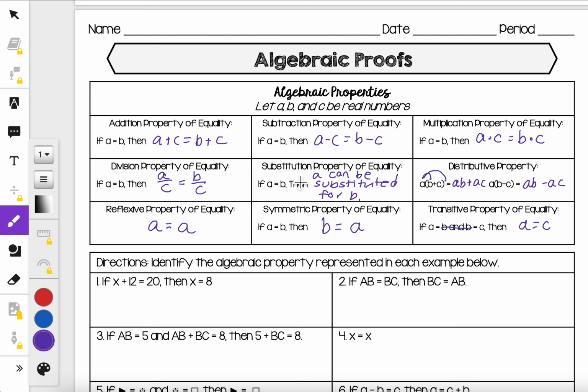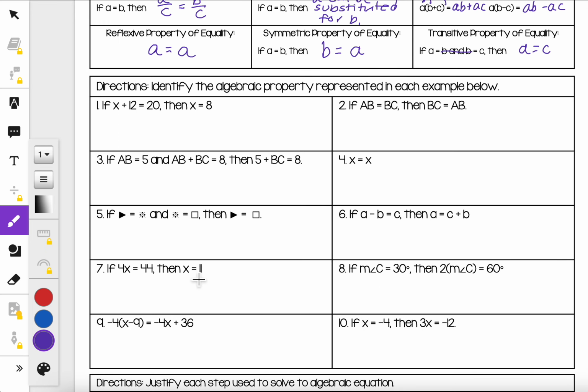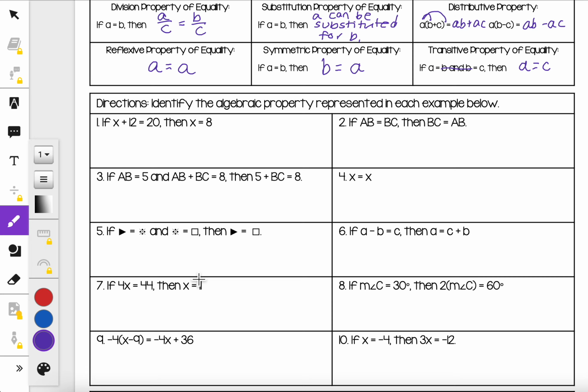Okay, so for the first couple examples, we are going to identify which algebraic property is represented in each example. Okay, so with number 1, it says if x plus 12 equals 20, then x equals 8. So I have to think about what is changing from my first statement to my second statement, my first equation to that second equation.